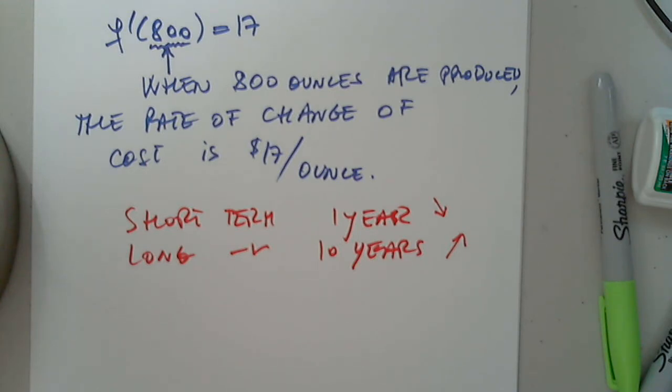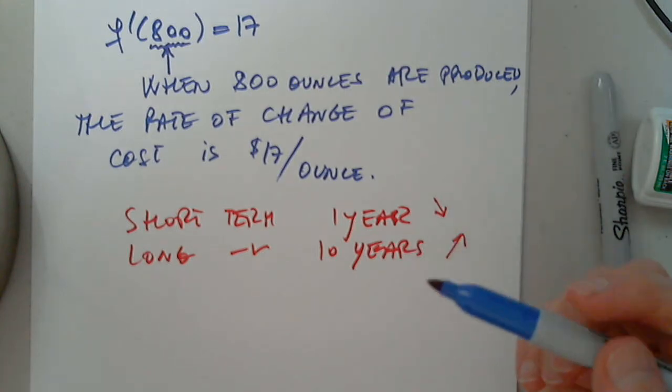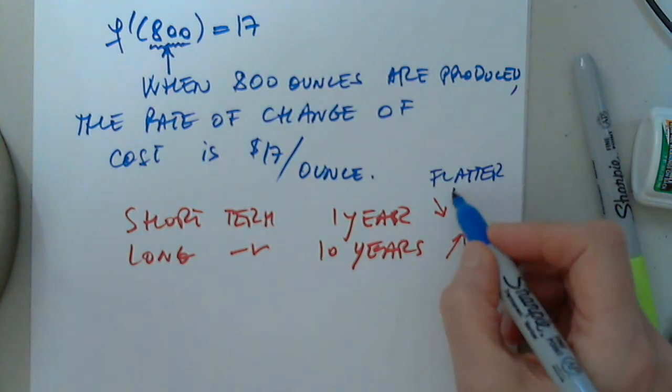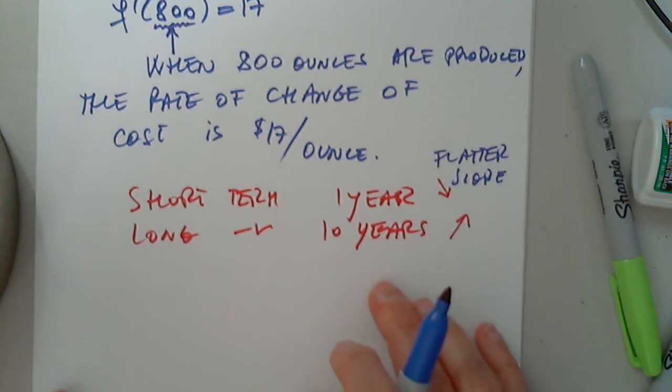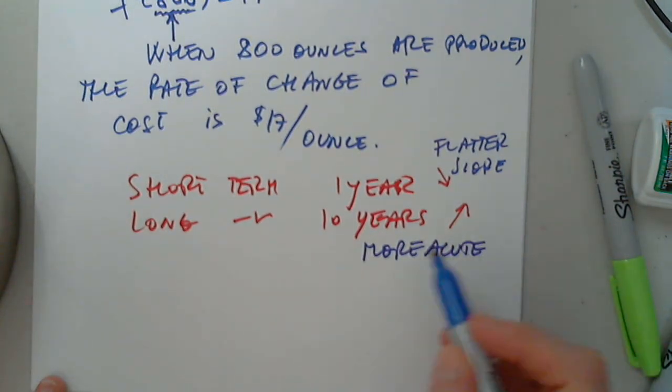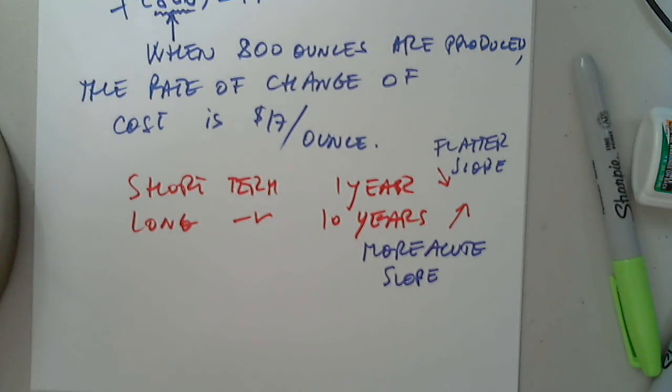In the short term, the tangent line will be flatter, so it'll have a decreased value. And in the long term, it'll not be as steep. Yes. Excellent. Perfect answer. So a flatter slope in the short term and a more acute slope in the long term. Perfect answer.